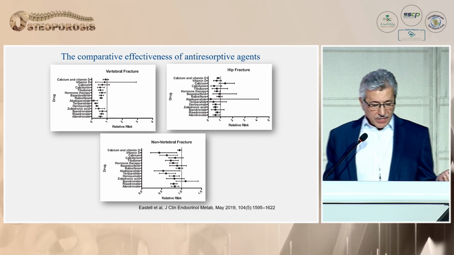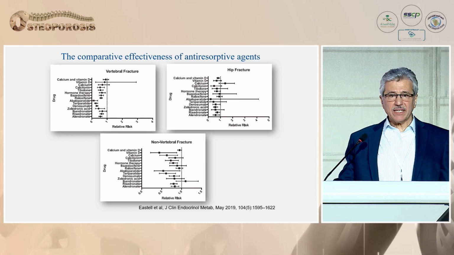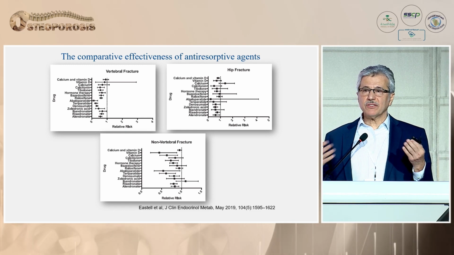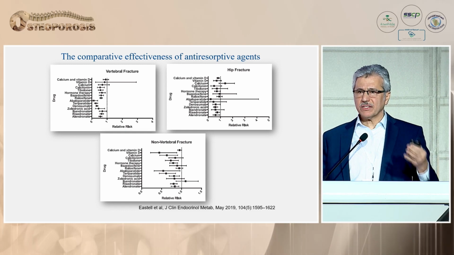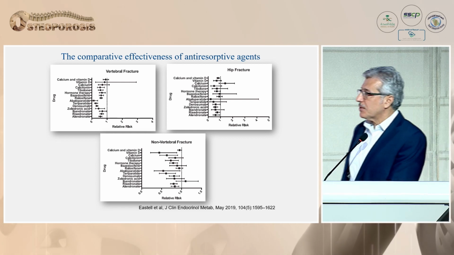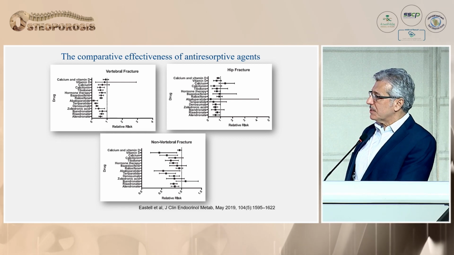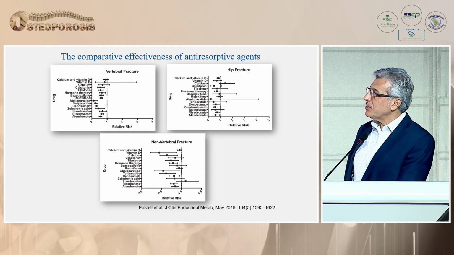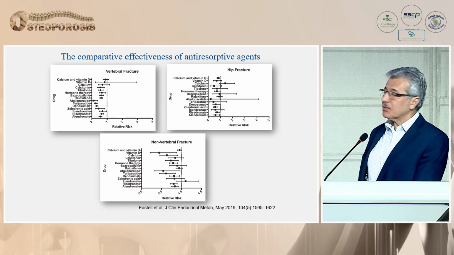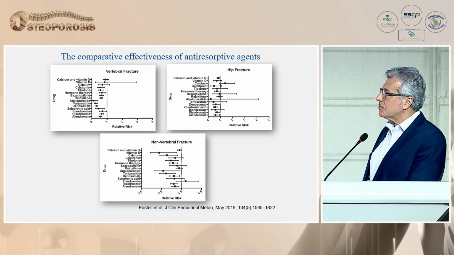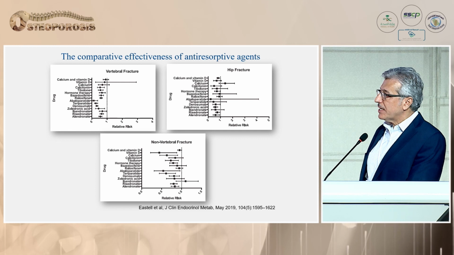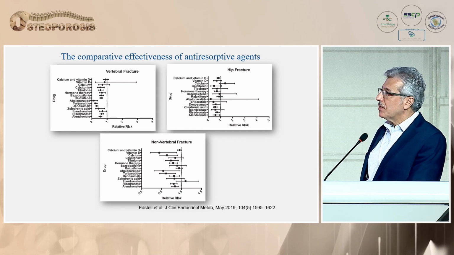So can we compare those agents? Comparing is difficult because most of those agents were not measured head-to-head, although there are some head-to-head studies. However, there are meta-analyses, including this latest one in 2019, that try to compare all the agents. If we just focus on the anti-resorptive agents we have, for vertebral fracture, we have very strong agents. All of them work very well.